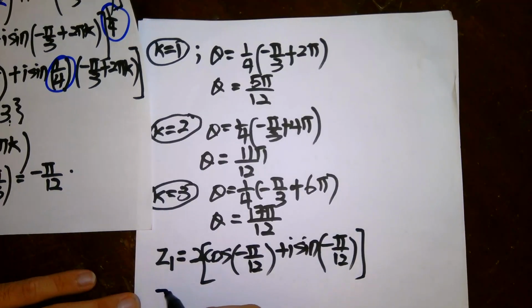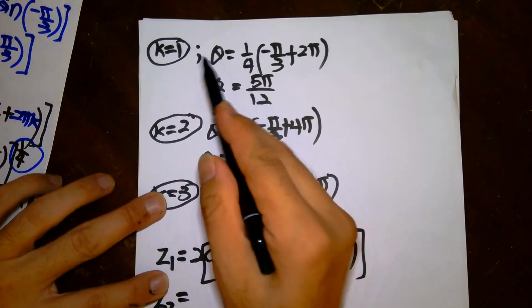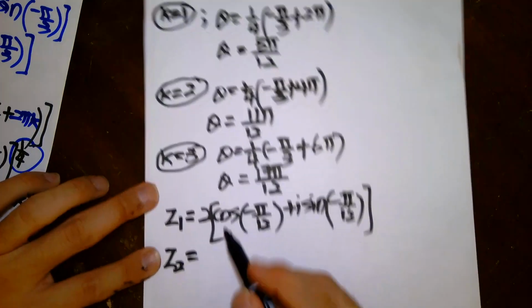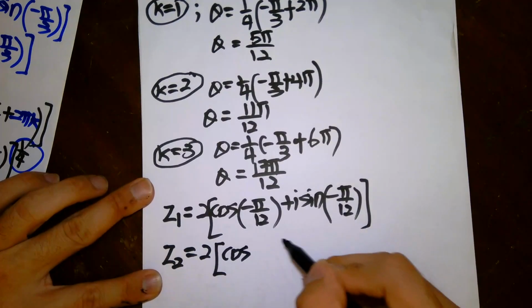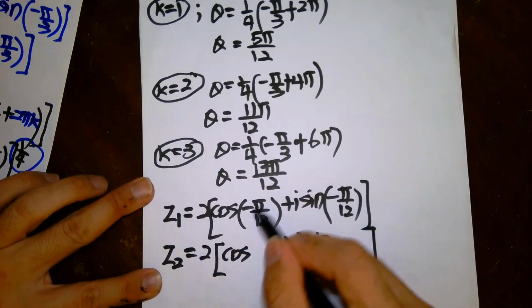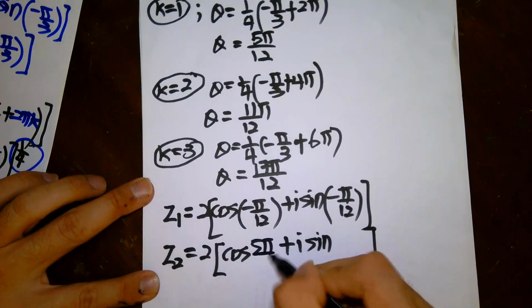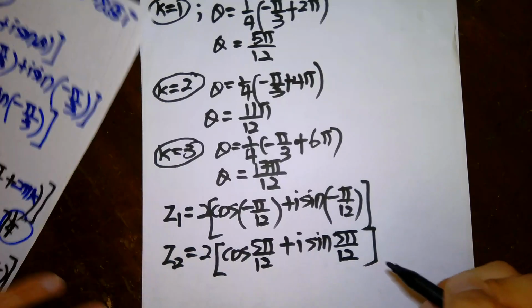So your z2 will come from the theta when k is 1, right? Which is 5 pi over 12. So same thing, repeat: 2 cos plus I sine, just the argument here becomes 5 pi over 12. So this will be the second solution.